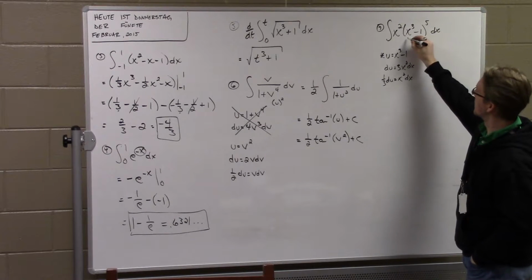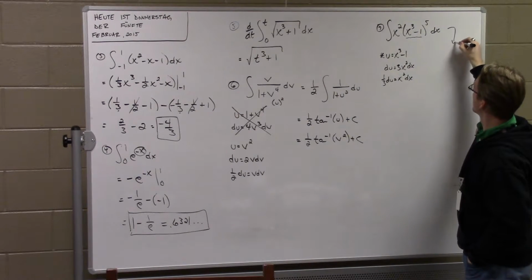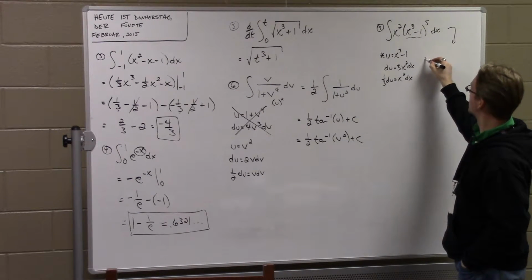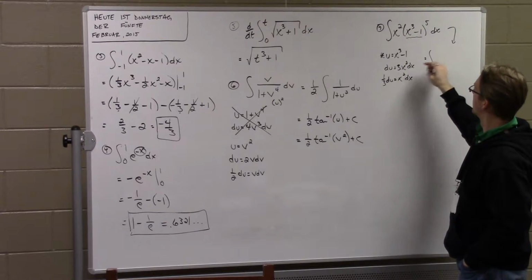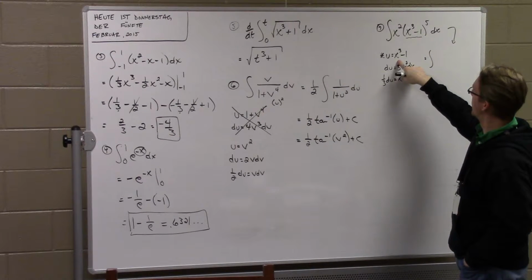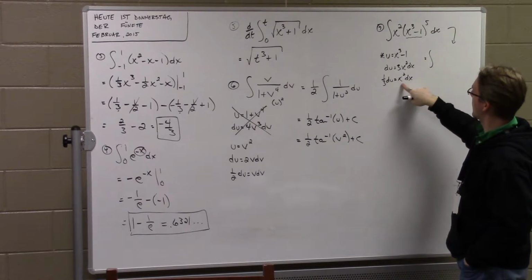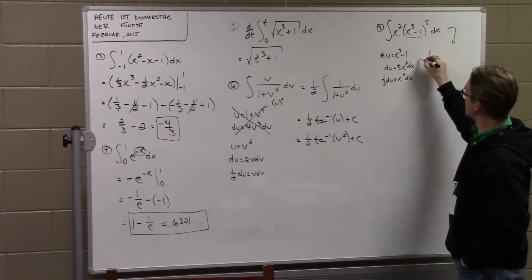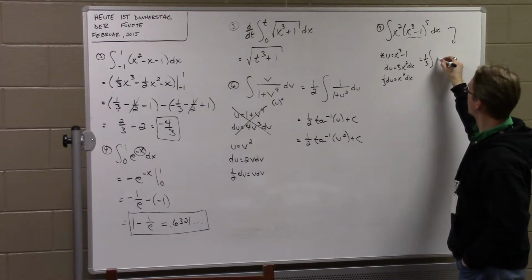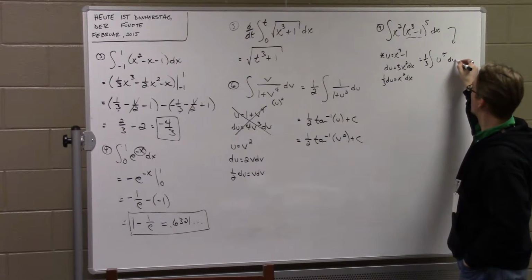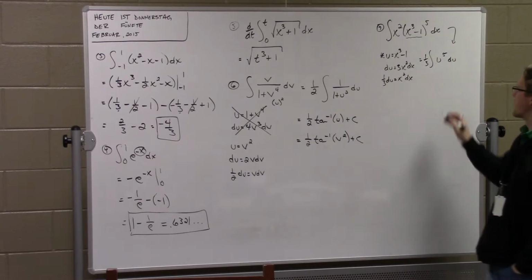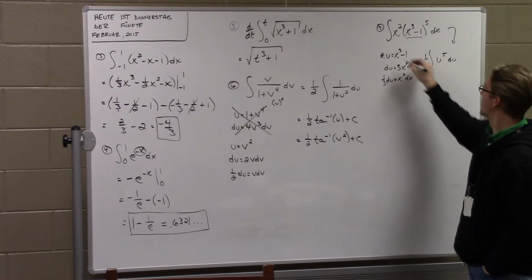Okay, so now this, right here, becomes u, and the x squared dx becomes du. 1/3 u to the 5th du. Antiderivative of u to the 5th, 1/6.